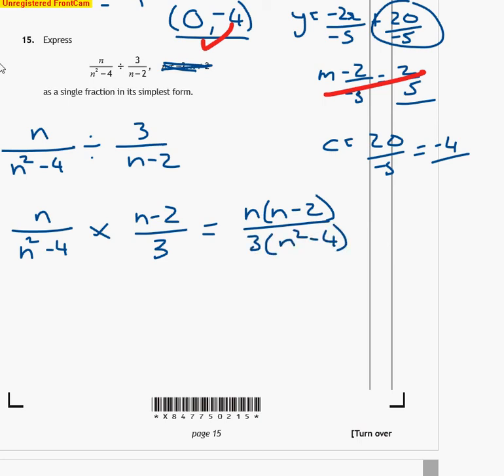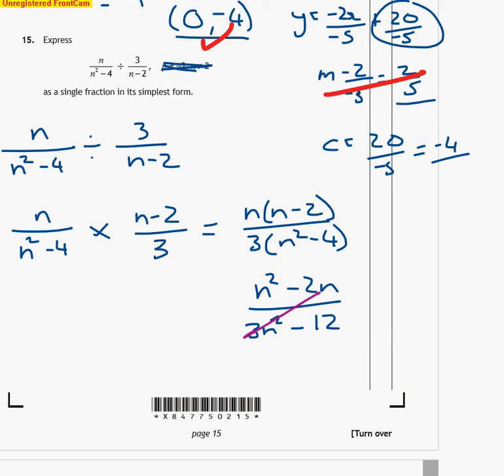Let's multiply the brackets out. That's n squared minus 2n divided by 3n squared minus 12. Okay. Now we can't really do anything with that, so I think that's the wrong way to go. I'm just going to put a wee cross through that.